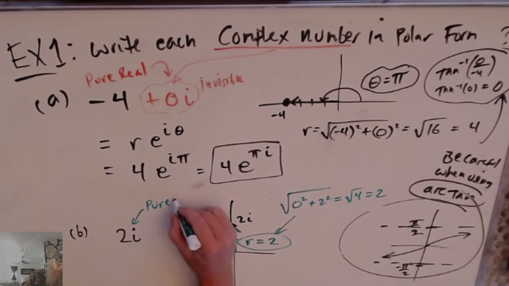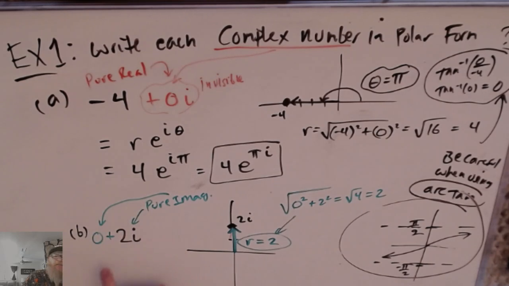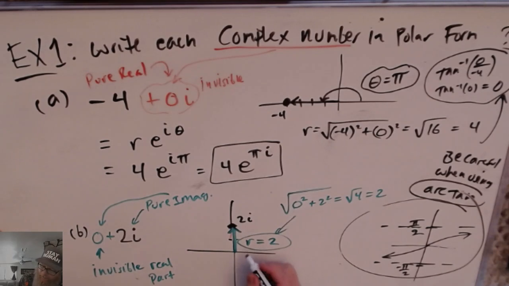So if you have a pure imaginary number, that means there's an invisible 0 in the real part. Okay, and then clearly you can see the angle here. The angle would be exactly 90 degrees, which would be theta, so we're going to do pi over 2.